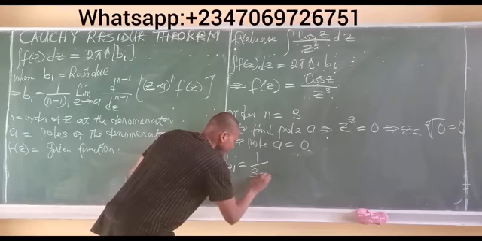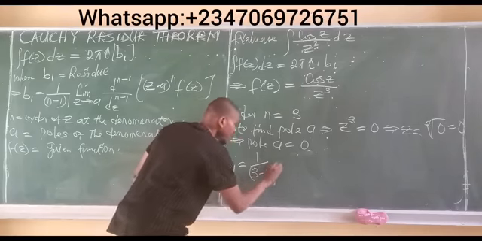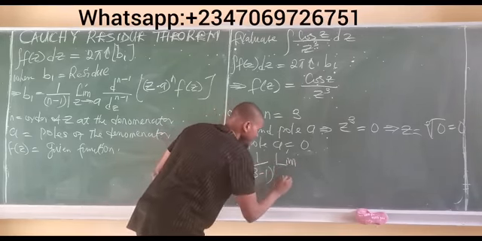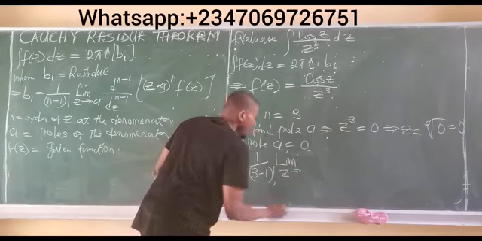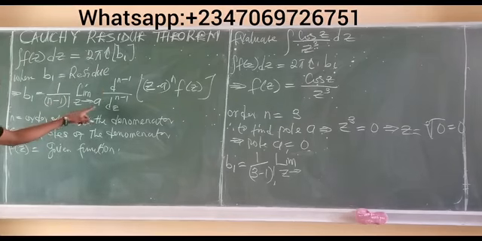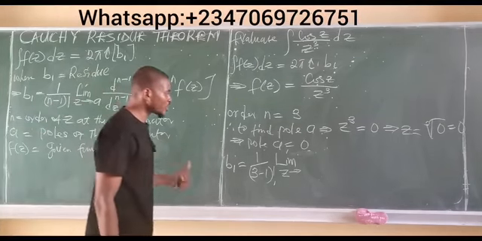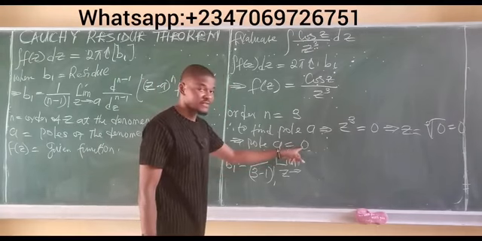So it becomes 3 minus 1 factorial, limit as z tends towards the pole, limit as z tends to a. So z is approaching the pole, and the pole a is equal to 0.